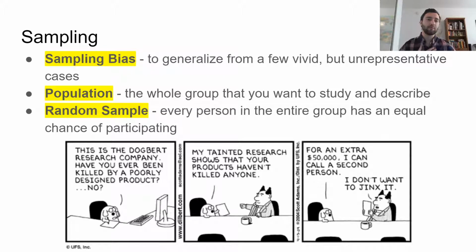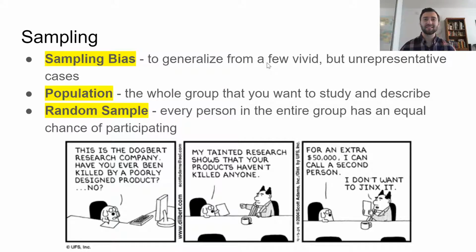So sampling bias can occur when we are trying to take those samples and apply them, but they don't represent the bigger case, right? And this especially happens when we have a few vivid cases that we remember. A really good example of this is shark attacks. Shark attacks hardly ever happen.